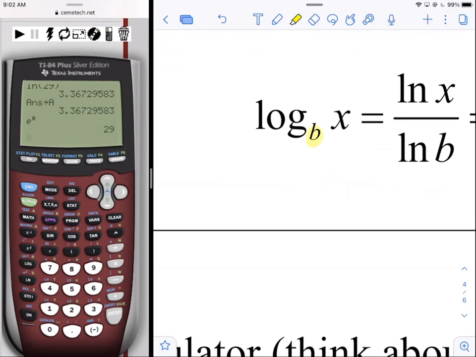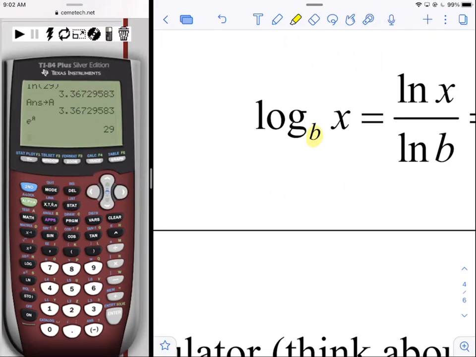So all you have to do is take your new base, which we're choosing base e, so the natural log of the argument over the natural log of the base. That's it. Log base b of x is equal to the natural log of x over the natural log of b. So it's pretty easy to remember which one goes where, because if you notice, the subscript is written below the argument, right? It's a base. So the base goes on the bottom and the argument goes on the top.